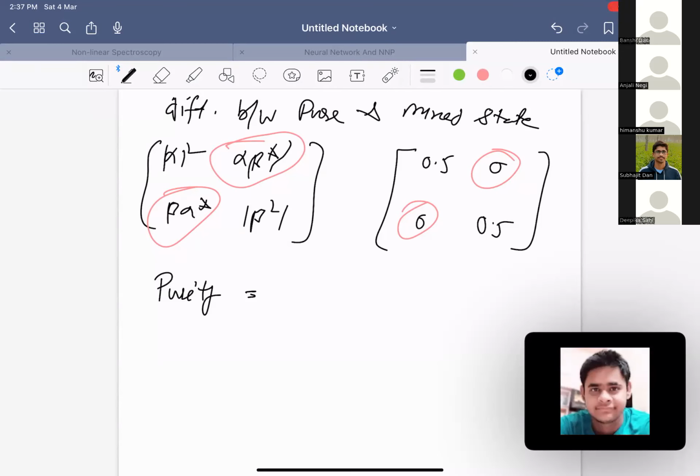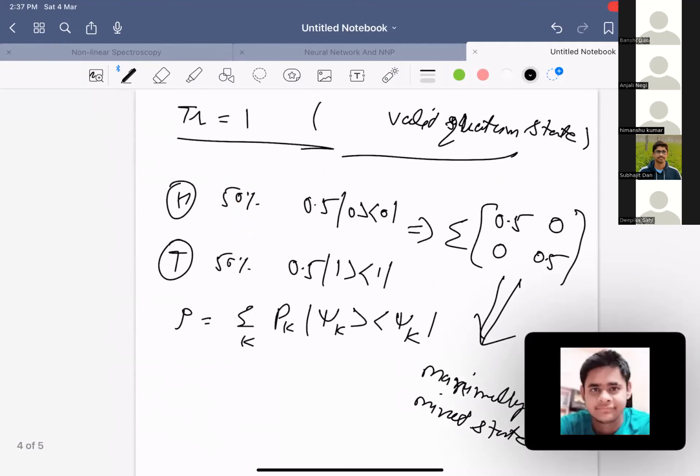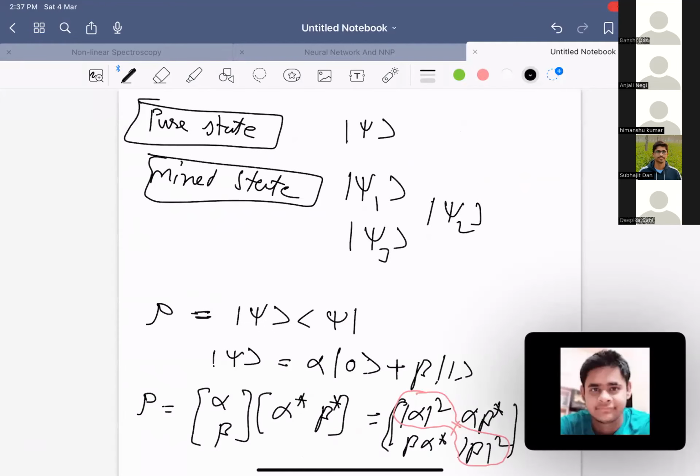This pure state, as I wrote in the previous slide, can be written as a superposition of two states in different basis sets. Here alpha is the probability of finding it in the 0 state basis, and beta in the first state. So that is psi.